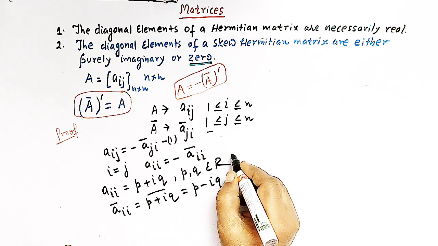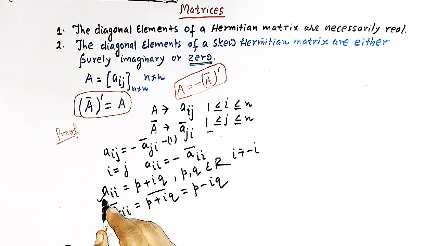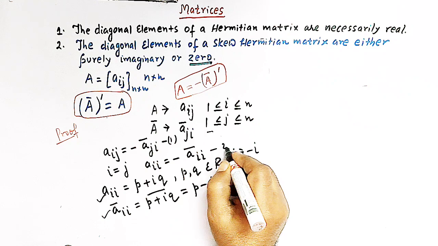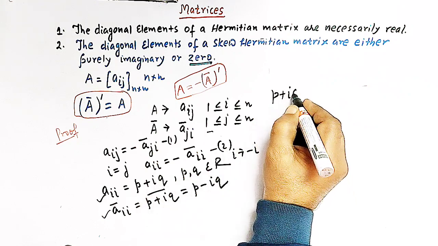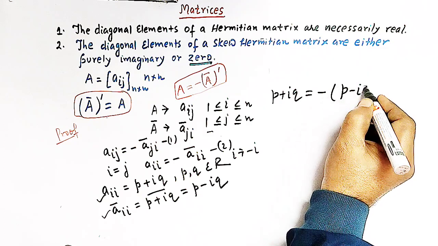So here again replacing i by negative i. So let us substitute the values of aii as p plus iq and a bar ii as p minus iq in this equation. So we have here p plus iq, and then we have negative of p minus iq.